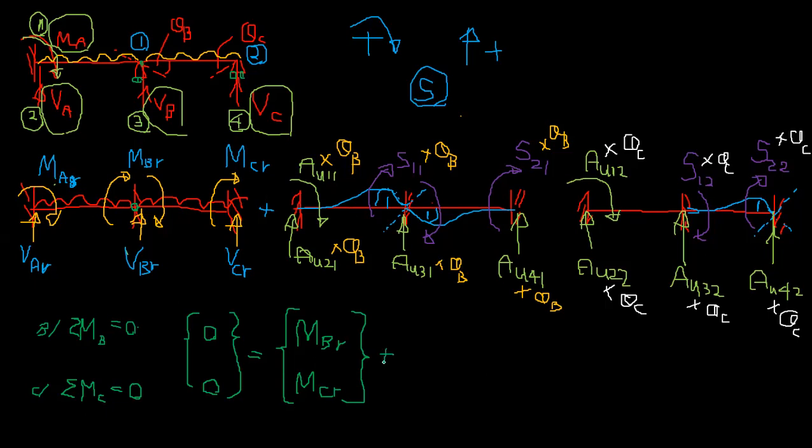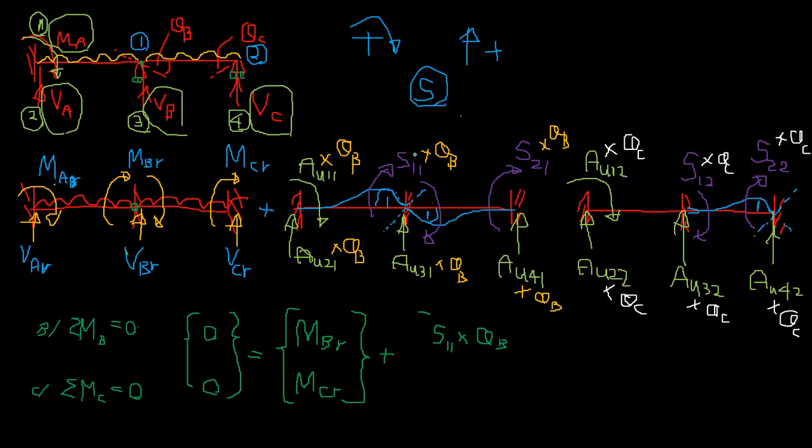So I have theta B, I need to multiply it by S11, right? So the total S11 should be multiplied by theta B, right? So that is the total bending moment. This is the bending moment per unit displacement. That's why we call it a stiffness, right? You can take it by F equals Kx.